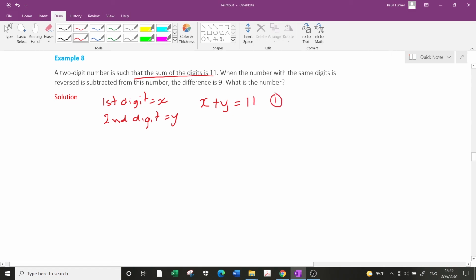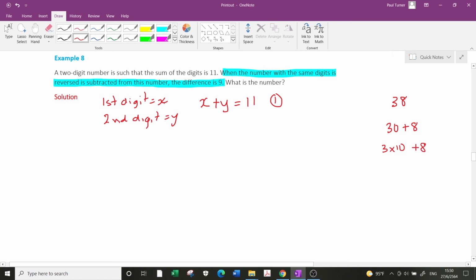That's the easy part. But the harder part is from the second sentence here. When the number with the same digits is reversed, is subtracted from this number, the difference is 9. So we need to think about what the actual number is. So for example, if the answer was 38, this would be written as 30 plus 8, which is 3 times 10 plus 8.